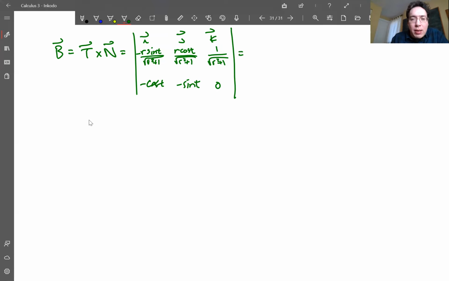Okay. So now let's compute the cross product. For the i-th component, we get this term times 0, which is 0, minus sine t times this thing. So sine t over square root of r squared plus 1.